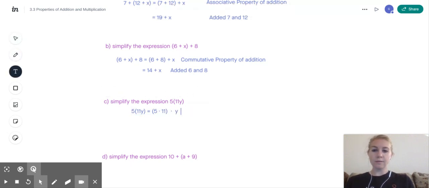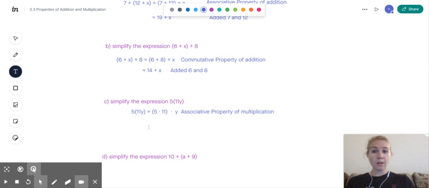Okay, associative. Now, if we want to be more specific, it's the associative property of, are we adding or multiplying in our expression? We're multiplying. So associative property of multiplication. And now let's continue to simplify because we can solve 5 times 11.